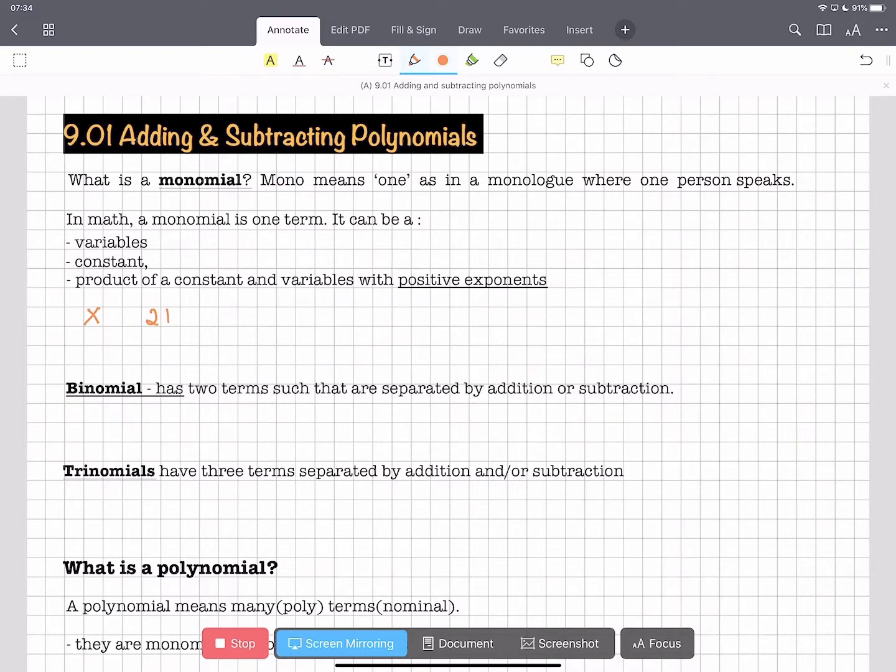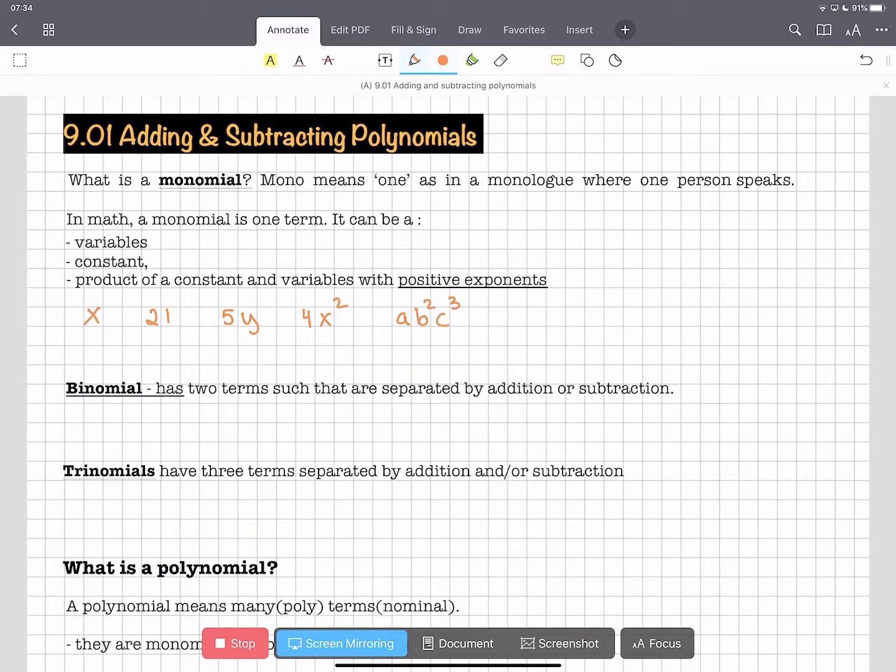It could be a product of a constant and a variable, such as 5y. It could also be the product of a constant and a variable that has a positive exponent. So something like 4x squared, or even something like ab squared c to the third.